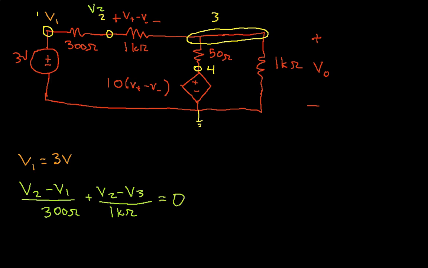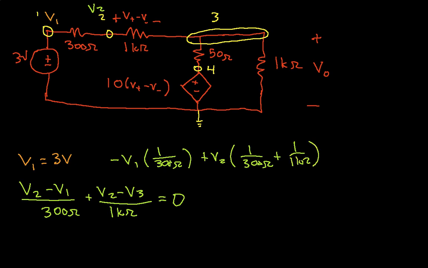And we can then simplify this as minus V1 times 1 over 300 ohms plus V2 times (1 over 300 ohms plus 1 over 1K ohm) minus V3 times 1 over 1K ohm is equal to 0. Okay, so that's our second equation.